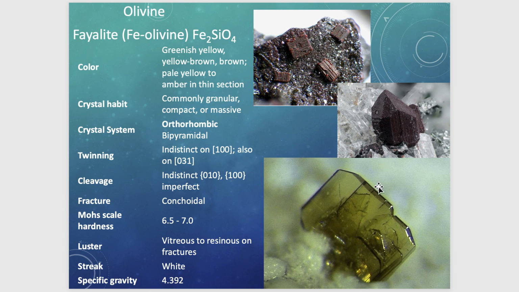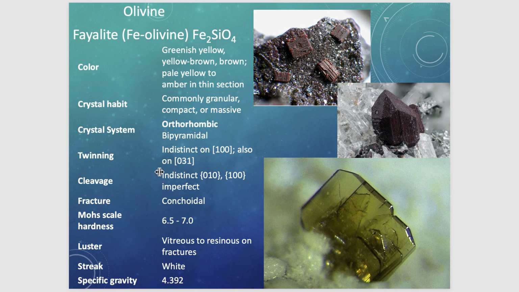In other instances, they will be cleavage, and you can see here another crystal of fayalite that is more transparent and lets you see this continuous set of fractures that are all parallel and will more likely be cleavage because they go through the crystal. And in this particular case, there is likely cleavage that is imperfect on the 100 or the indistinct one in 010.